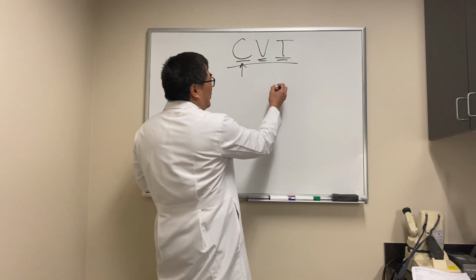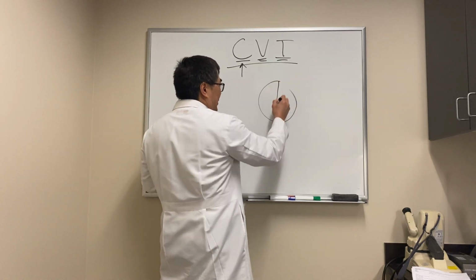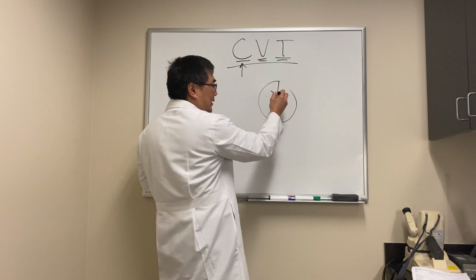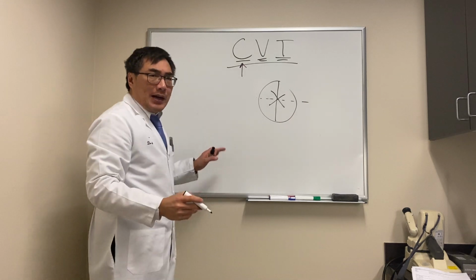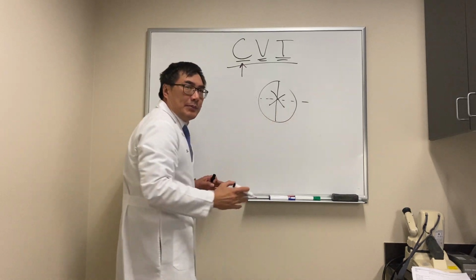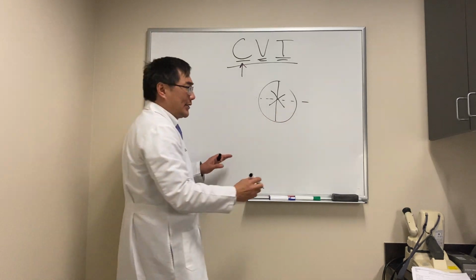But in general, when you have lesions in your brain, because the crossing point is the chiasm, any lesion behind the optic chiasm is going to produce a homonymous hemianopsia on the contralateral side of the lesion.